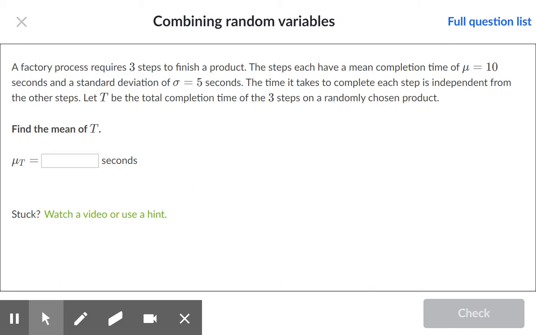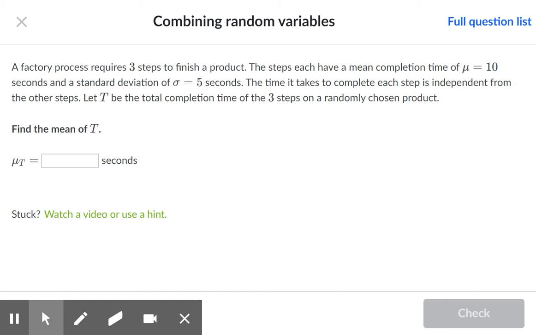Each step has a mean completion time of 10 seconds and a standard deviation of 5 seconds. The time it takes to complete each step is independent from the other steps. Let T be the total completion time of the 3 steps on a randomly chosen product.